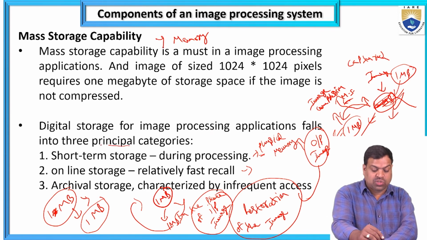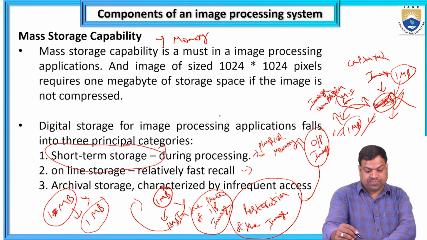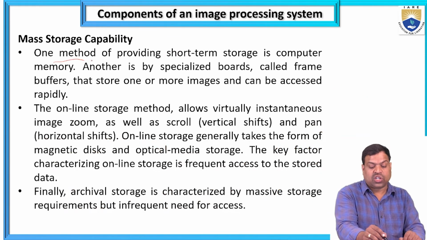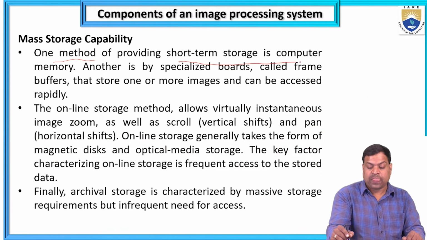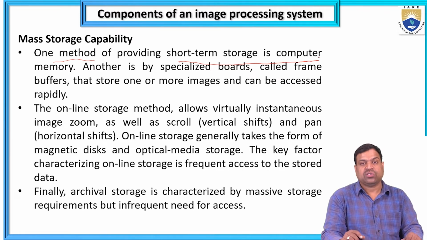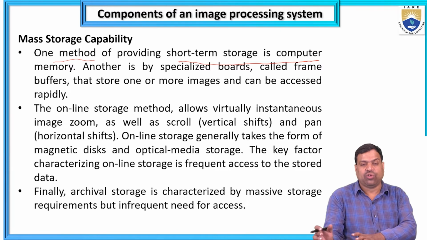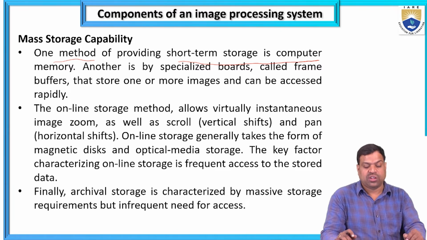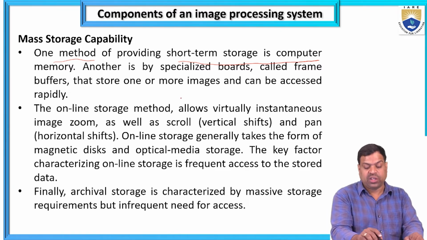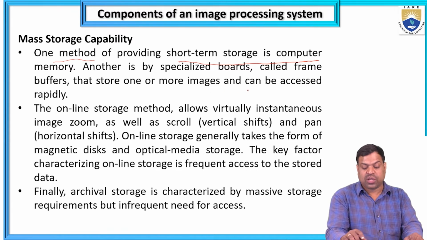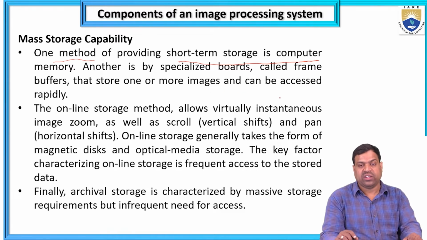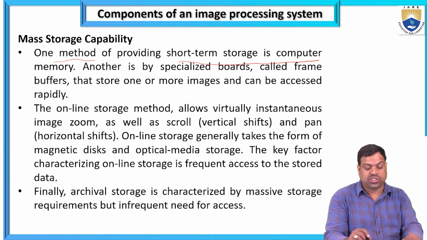Examples of short-term memory are storage in computer memory, in the phone memory, or in a memory card. Frame buffers store one or more images and can be accessed rapidly. These are short-term image storage.